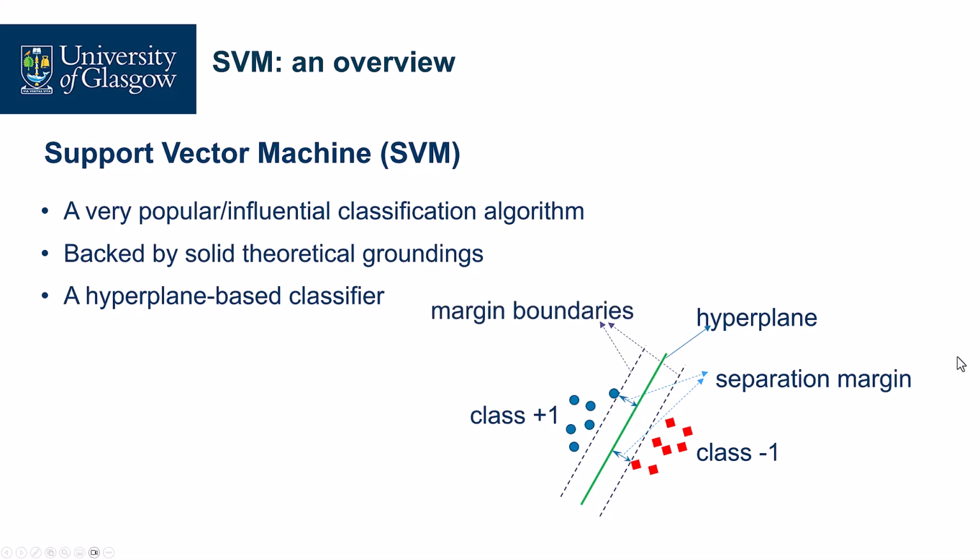So here we learned 3 basic concepts: the hyperplane to separate the data, and when we find this point and this point, the hyperplane is in the middle of them, and this distance and this distance are the same, right? Each of them we call the separation margin. And the lines here and here, we call the margin boundaries. Remember these 3 concepts. Let's see them one by one.